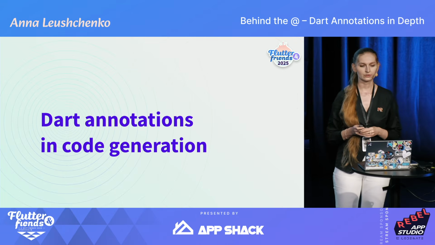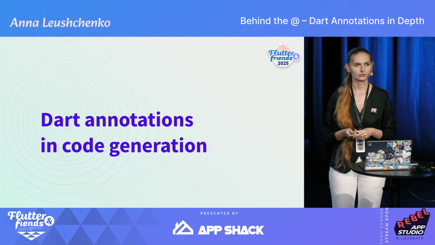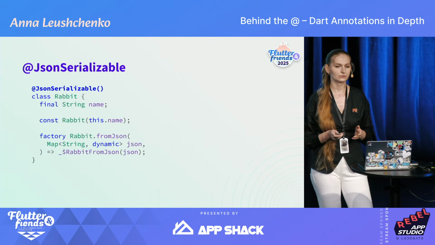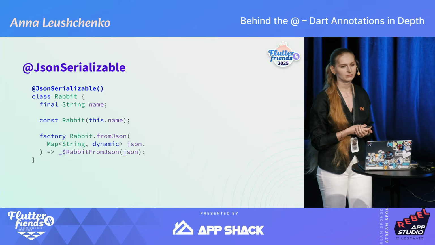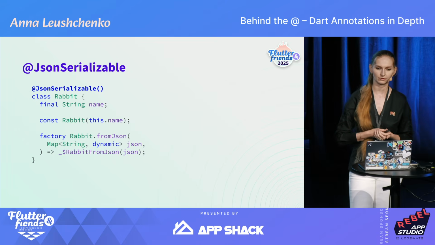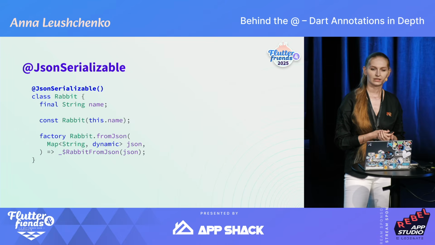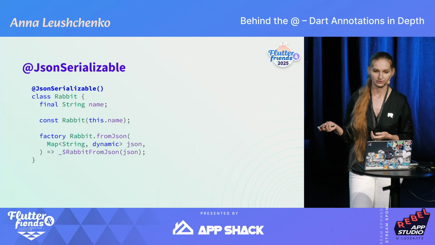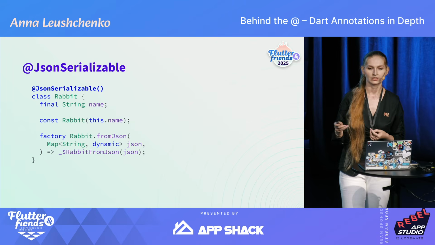And I would also like to point out the role of annotations in code generation. We all are probably used to using the json_serializable package to help us with JSON deserialization of API responses, and are used to writing code like this. Here we have a JsonSerializable annotation.